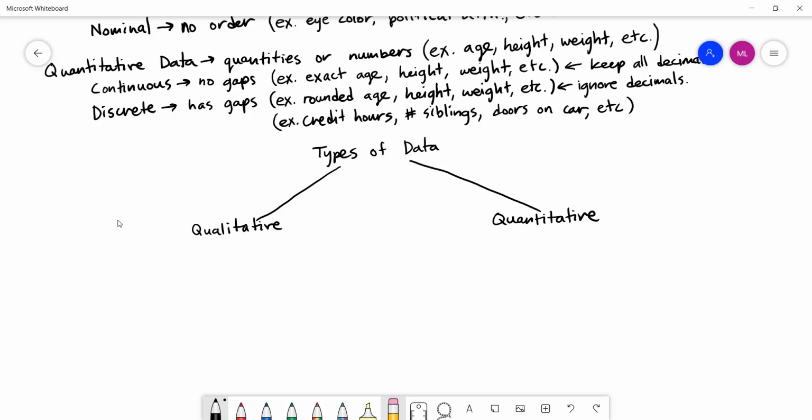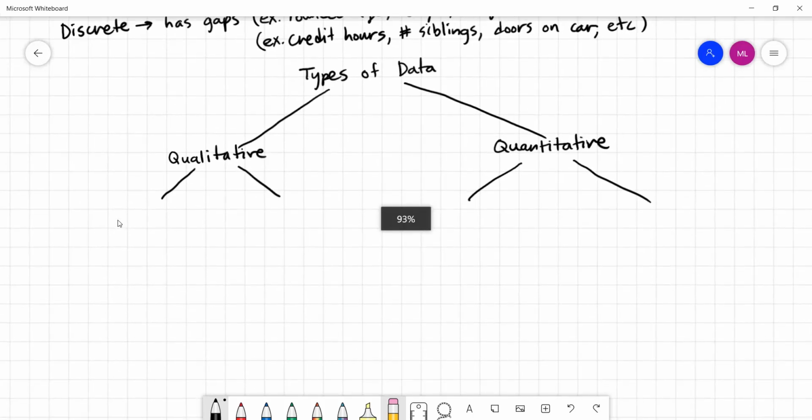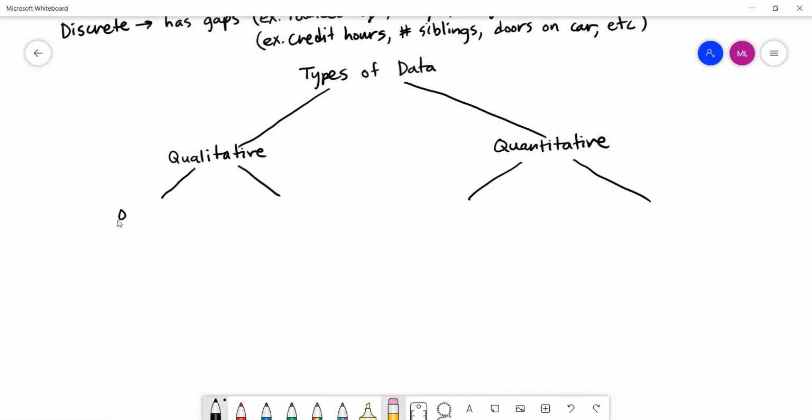And then each of those 2 things is further broken into 2 subcategories. And so for qualitative data, we have ordinal data. We have nominal data. So ordinal, again, means ordered. Let me write the word nominal. So ordinal data, there's a natural order. Nominal data, there is no natural order, but they're both subcategories of qualitative data, categories, not numbers.